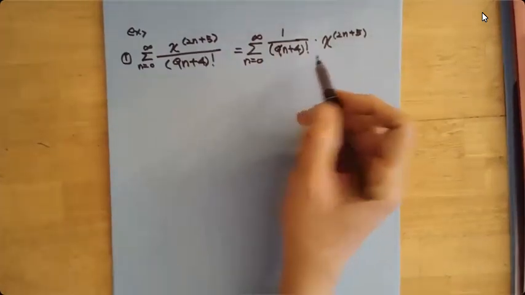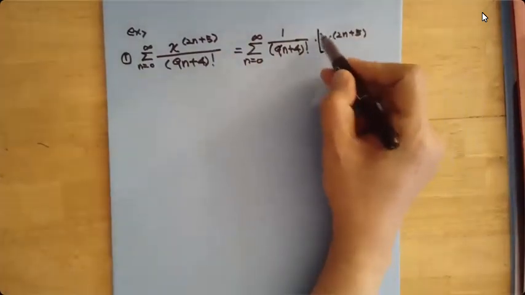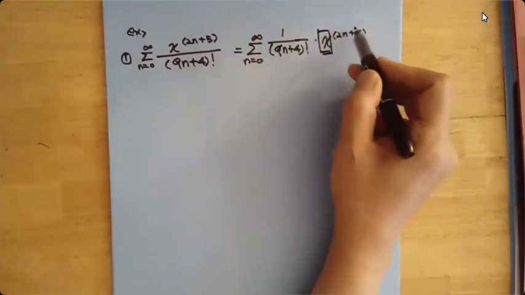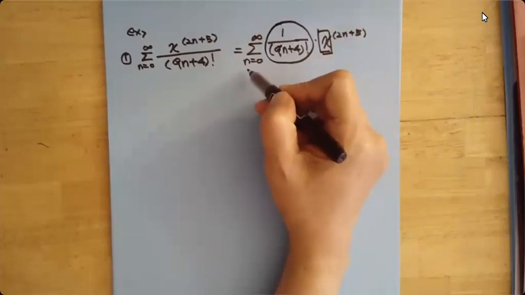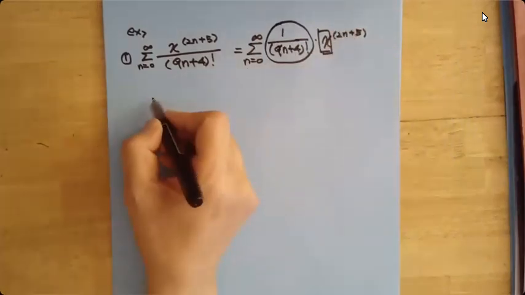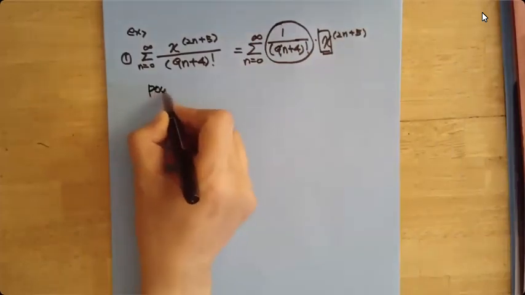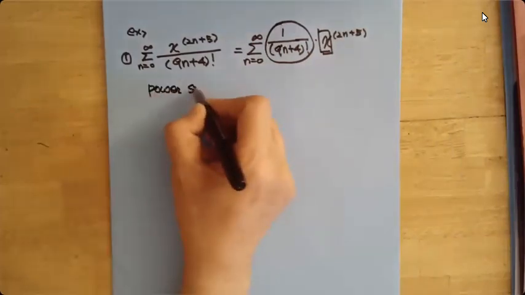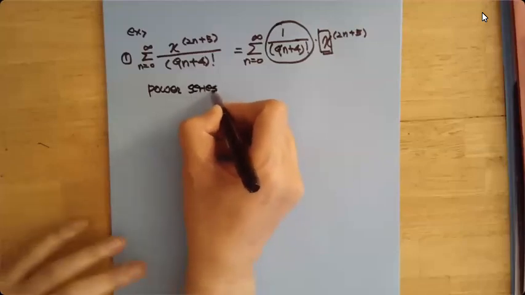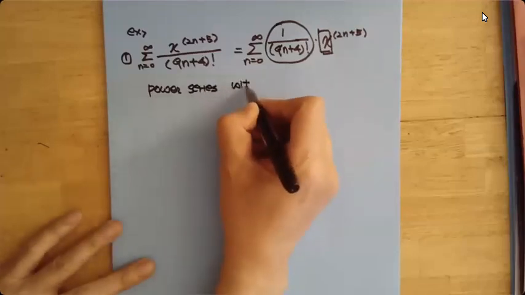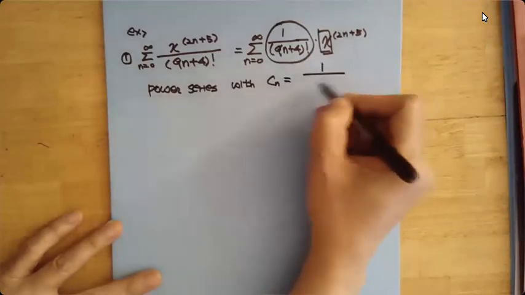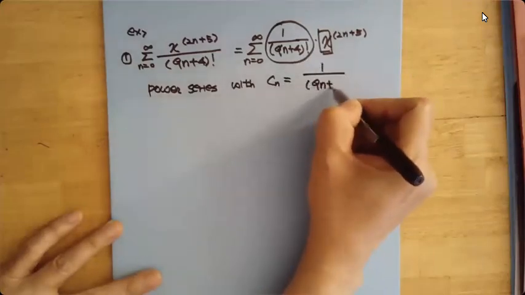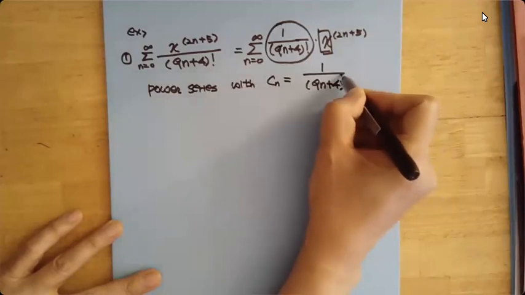What is important here is that this is a variable to a certain power, and this is a fixed number which depends only on the term. So this is a power series with C_n equals 1 over (9n plus 4) factorial.